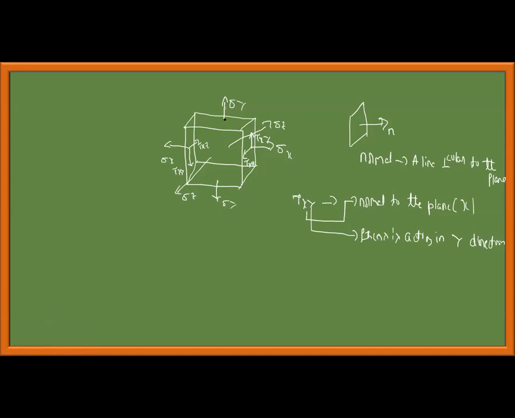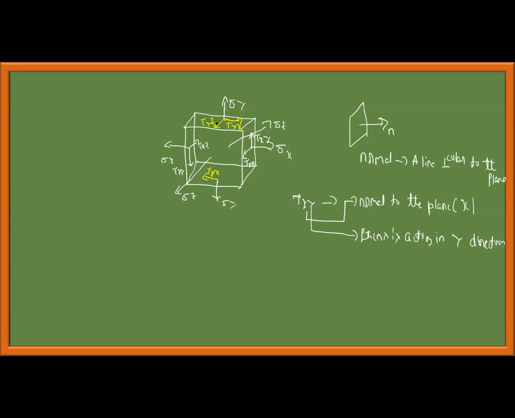Next, this is the y plane. Normal to the plane is in the y direction and the stress is acting in the x direction. You should write like this. Normal to the plane is in the y direction and the stress is acting in the z direction.